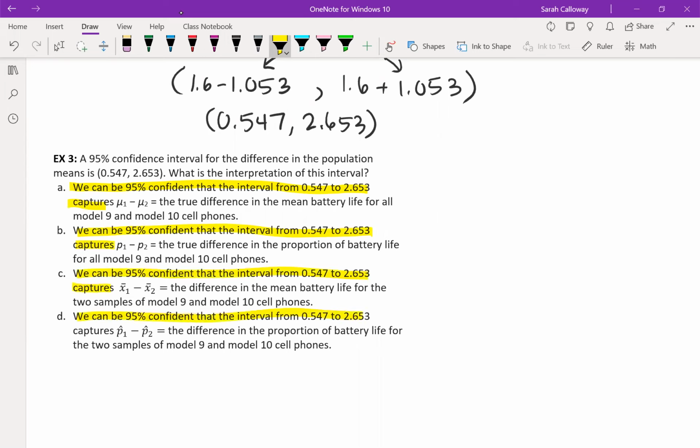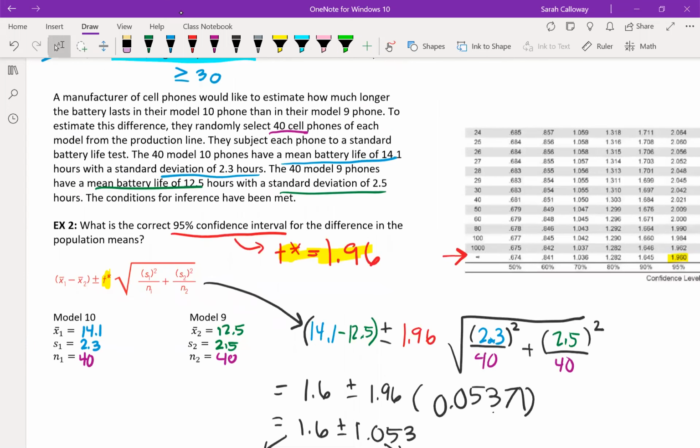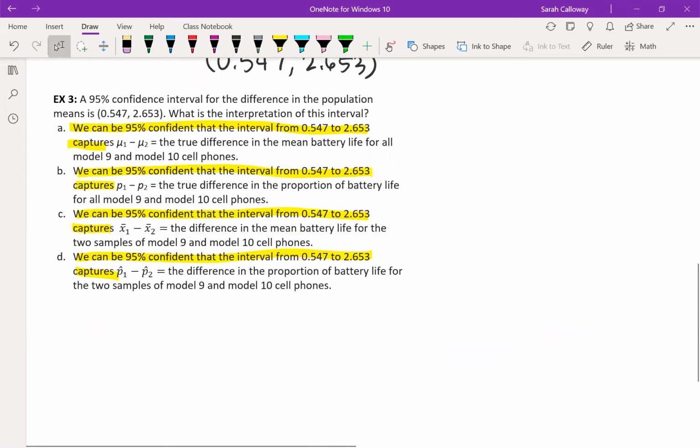What it's capturing is the true difference in these battery life means. So look at that, we've got true difference.